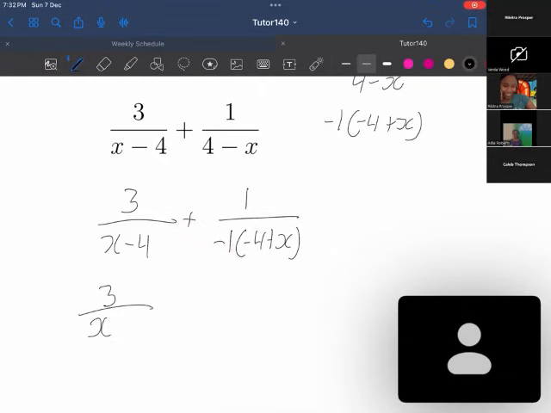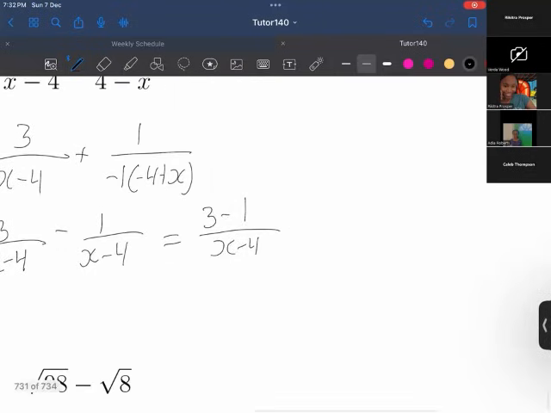So that's 3 over x minus 4 minus 1 over the same thing, x minus 4. It's the same thing, I just rewrote it. So we have 3 minus 1 over x minus 4, since the denominators are the same. 3 minus 1 is 2, so that's 2 over x minus 4.